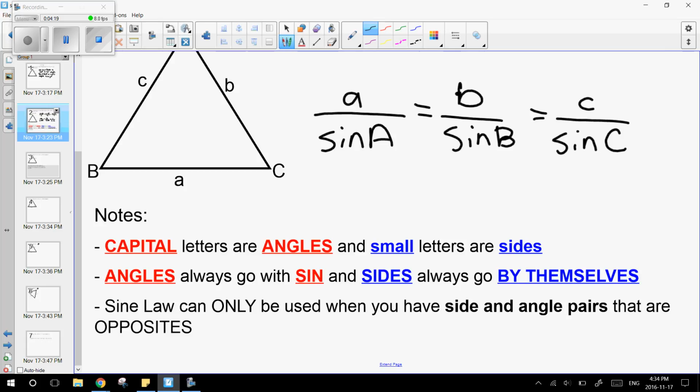The last note is that sine law can only be used when we have side angle pairs that are opposite. And that means we have to have a pair here, sine A opposite to its side a. We have to have one of those pairs known and at least one part of a second pair known as well. Again, to give you a chance to write this down, please make sure the video is paused. I'm going to move on.